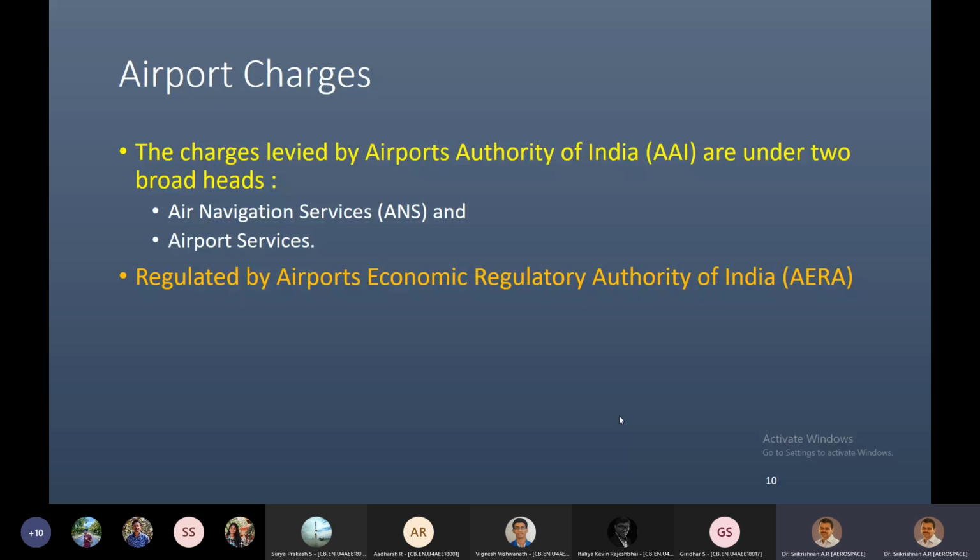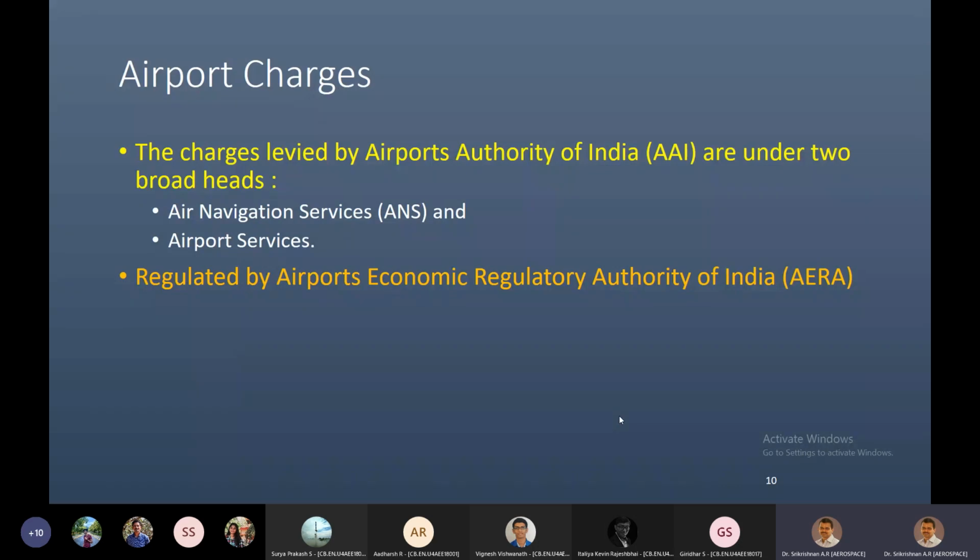So airports cannot at their will keep varying the charges being levied under various accounts. So there is an authority, that is AERA, the Airport Economic Regulatory Authority, which regulates, revisits, and reviews, etc., and ensures fairness in the charges levied by the airports.